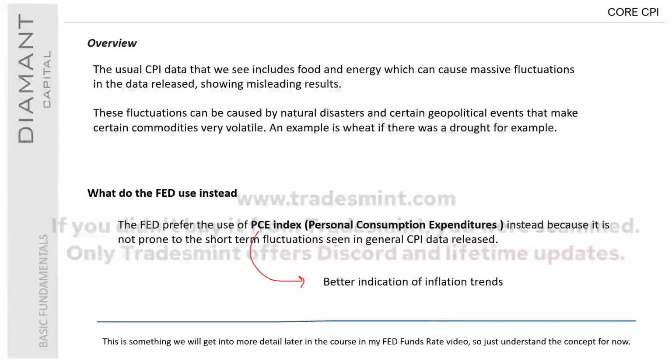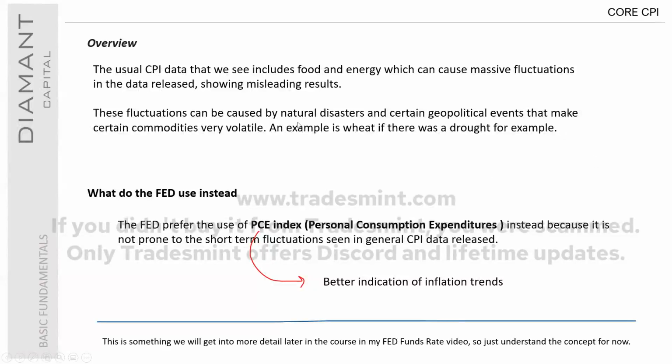So, what did the Fed use instead of the normal CPI? It's something called the core CPI, but also known as the PCE index, personal consumption expenditures, because it is not prone to the short-term fluctuations seen in CPI data released. Of course, you've got to understand that with the normal CPI data, it's going to be short-term fluctuations.